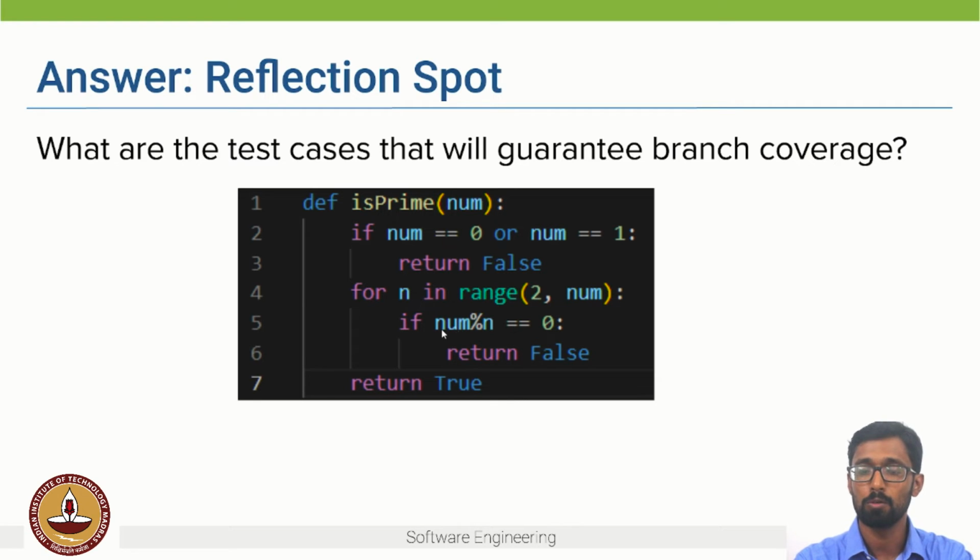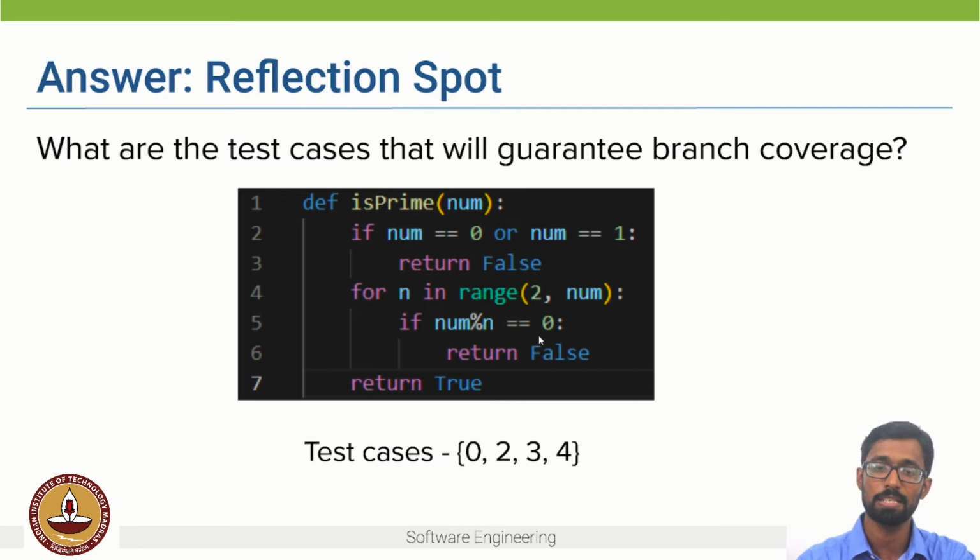So for non-prime numbers this evaluates to true, and for prime numbers it evaluates to false. So we have one test case for the earlier condition, then 2 and 3 for when it's a prime number, and 4 when it is a non-prime number. These test cases guarantee branch coverage.